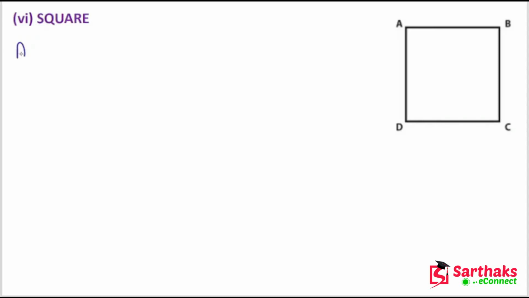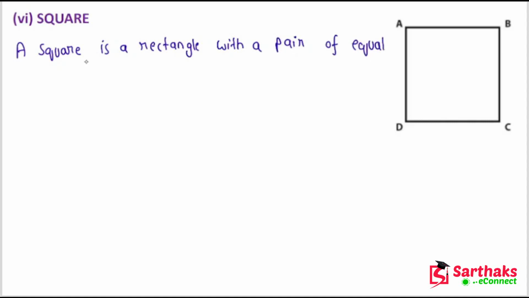So we can say, a square is a rectangle with a pair of equal adjacent sides.